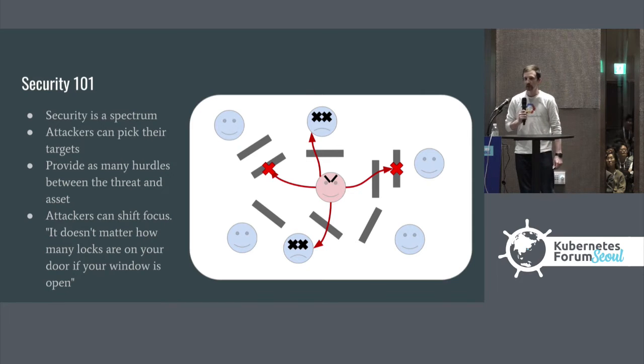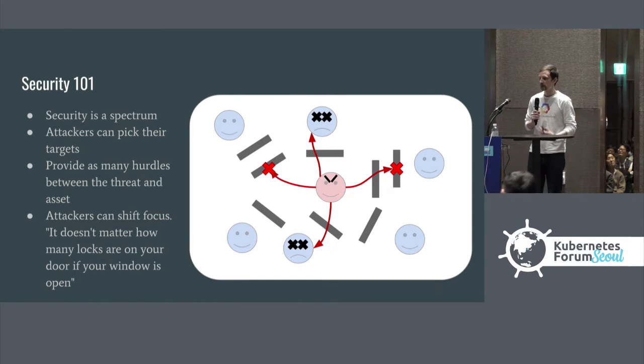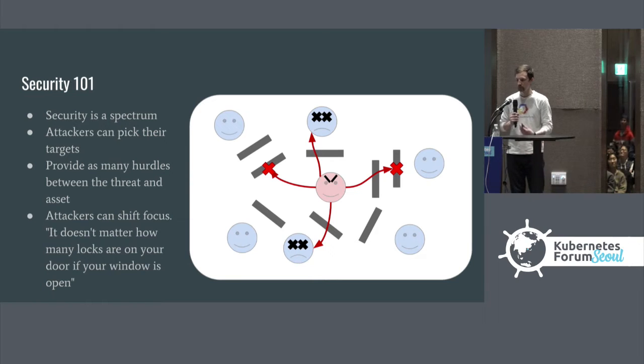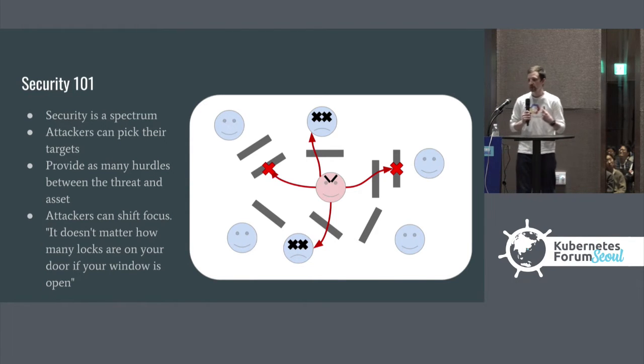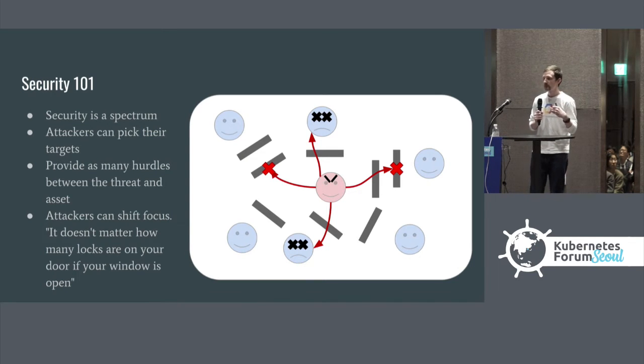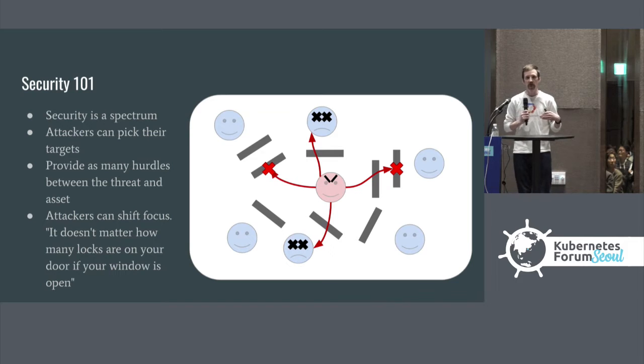So just for some background, some Security 101. I just want to get everybody on the same level to understand the background for what we're trying to do here. The first thing that I want everybody to understand is that security is not just a linear thing.